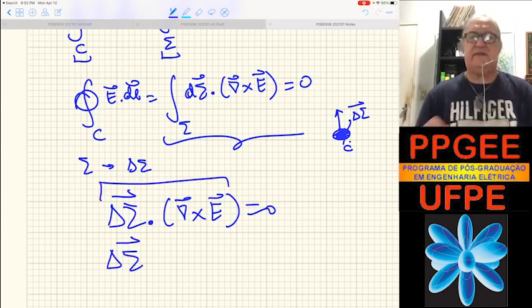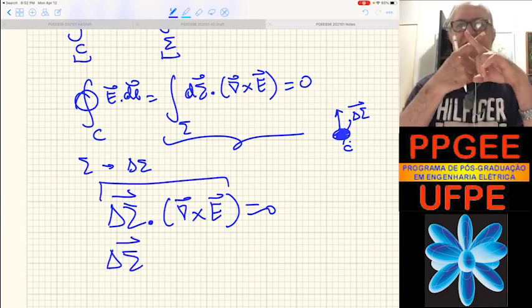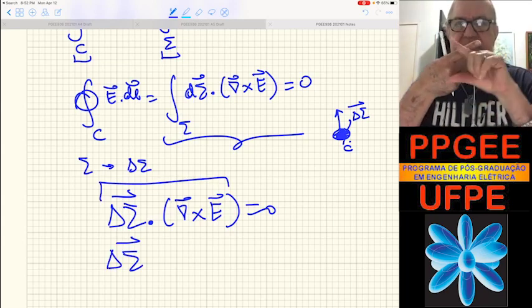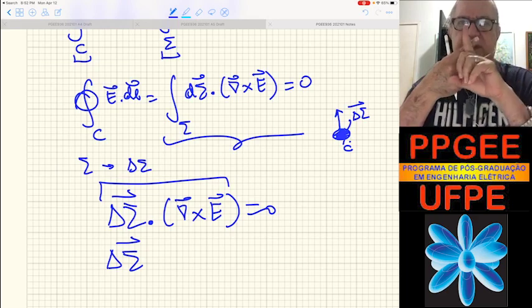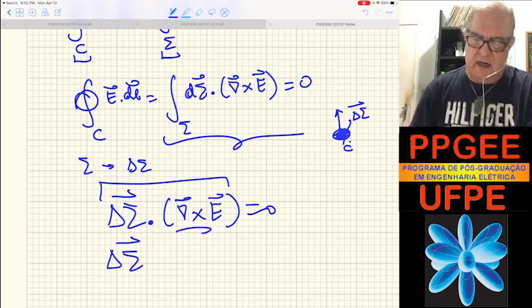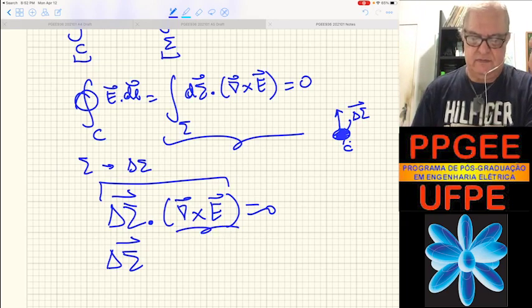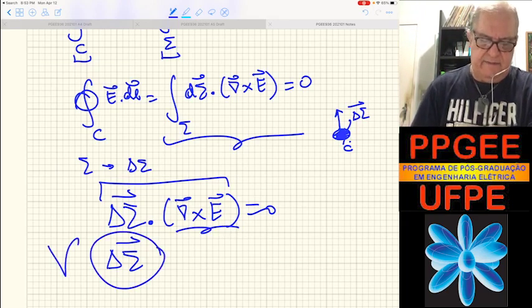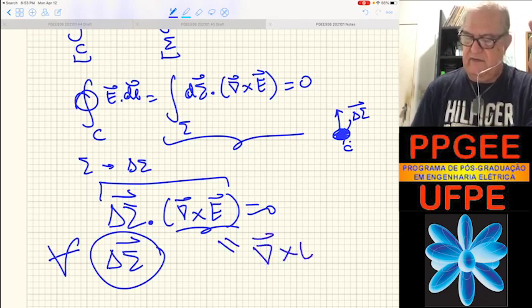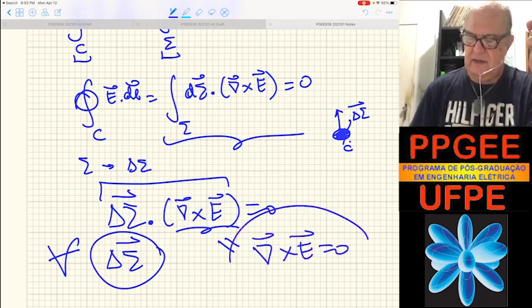This dot product can be 0 if the vectors are orthogonal. But it means that whatever delta sigma I choose, the dot product is 0. There's only one possibility, which is the curl of E equals 0.